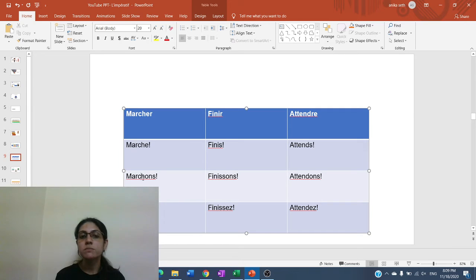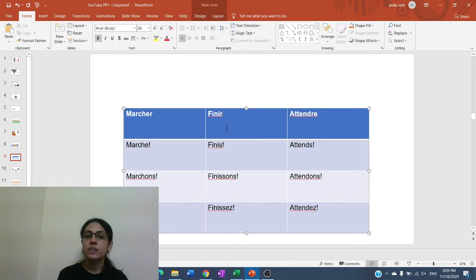So nous marchons becomes marchons. Then is vous marchez. Vous is removed. Only the conjugation of the verb marcher ending with ez is kept, followed by an exclamation mark. So marche, marchons, marchez. That's the imperative form of the verb marcher.